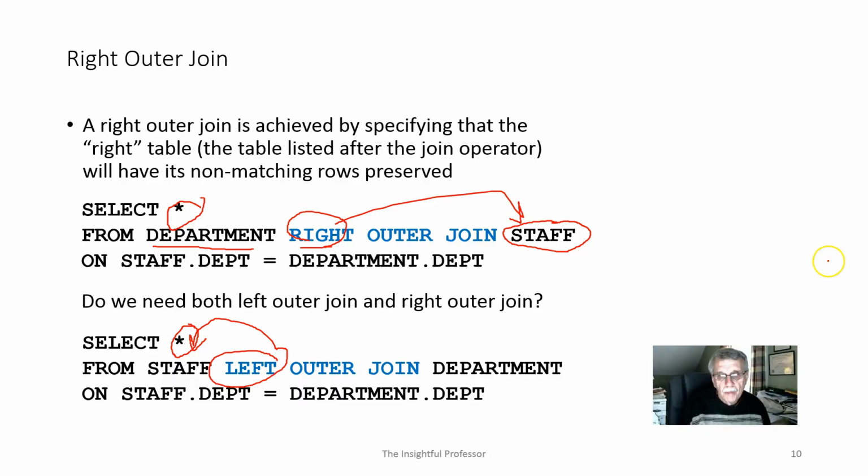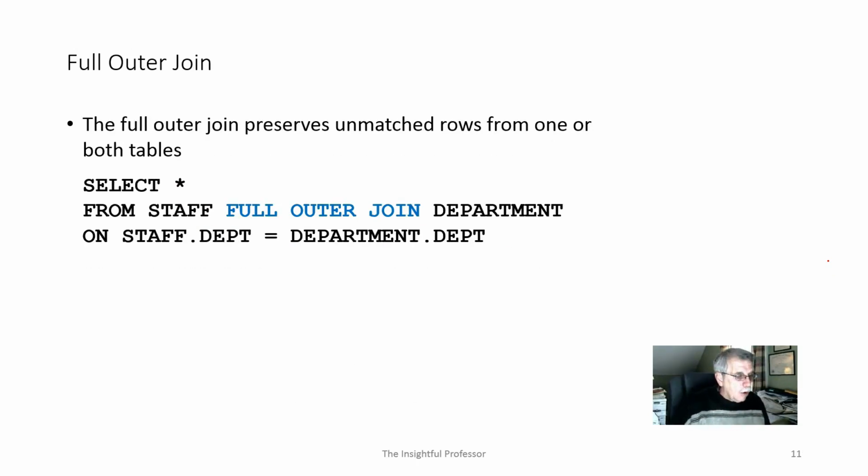Let's go back here. Okay, we've given you the examples and we've shown you how they behave. Now, there is a third variety, and I'm sure you're anxious to see this one, the full outer join. Well, what is the full outer join? We said that the left outer join preserves non-matching rows from only the left table, and the right outer join preserves only the non-matching rows from the right table.